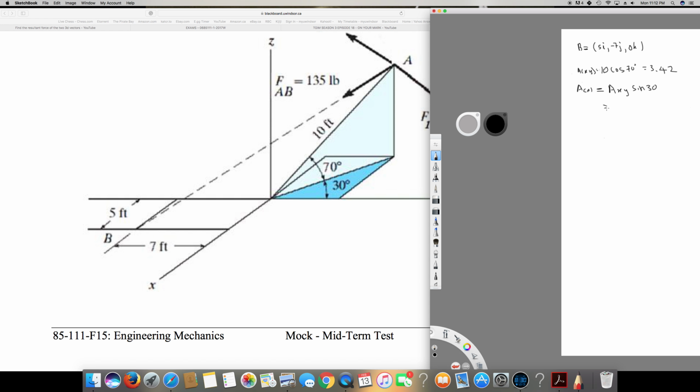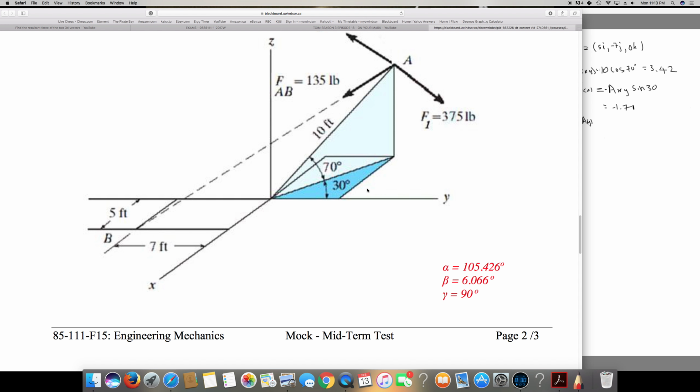But don't forget, guys, this x value is in the opposite direction of the labeled x, so it should be negative. So this is negative 1.71. And if I calculate the y, the 30 degrees is along the y-axis, so I can use cos 30.